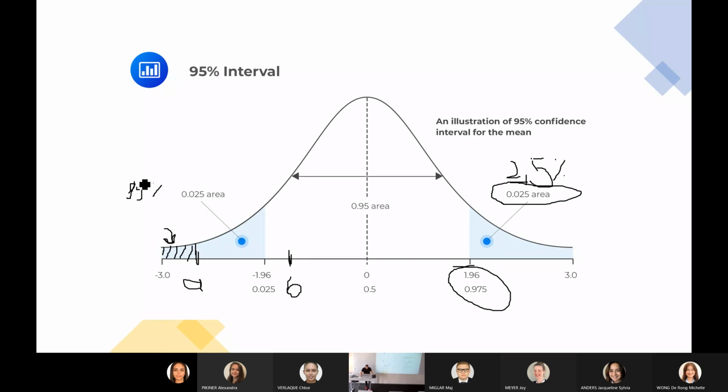Isn't it 0.05? Yes, 0.5%, right? Because we need to have 0.5 on each side then. So always remember that it appears on both sides when calculating, and then you should be able to not make any mistakes when calculating the confidence intervals.